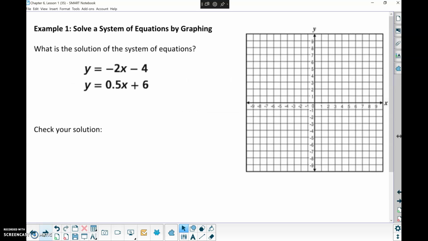So we're going to start with a system of equations that are both in slope-intercept form. We have the equation y equals negative 2x minus 4, and y equals 0.5, or 1/2 x plus 6. And we're going to graph those two equations.